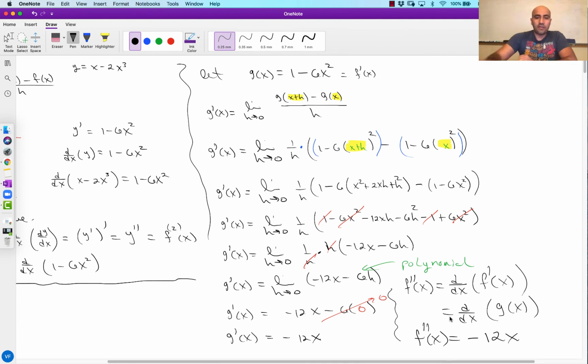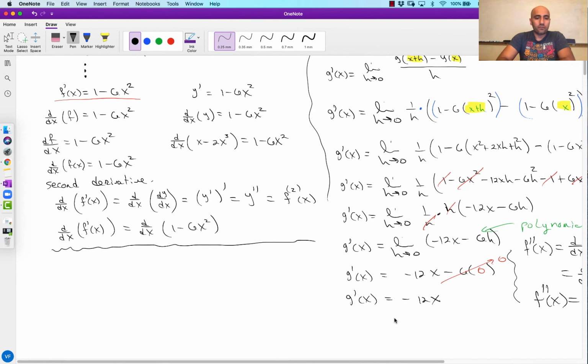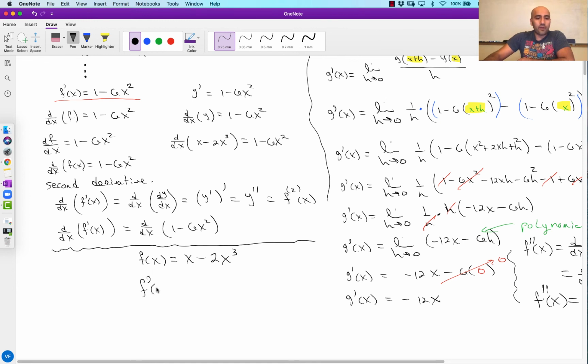Okay, so let's put it all together over here. We had that our original function f of x was equal to x minus 2x cubed. And then after we took the derivative of this function, f prime of x is equal to 1 minus 6x squared.